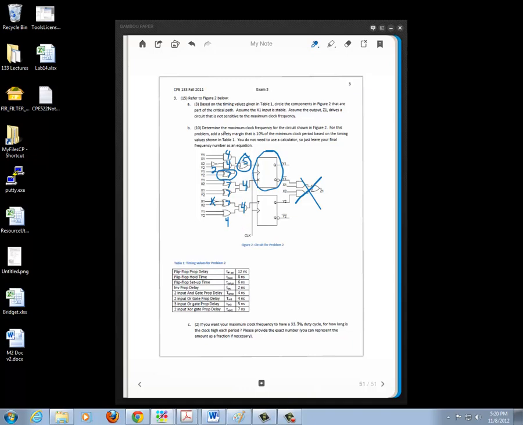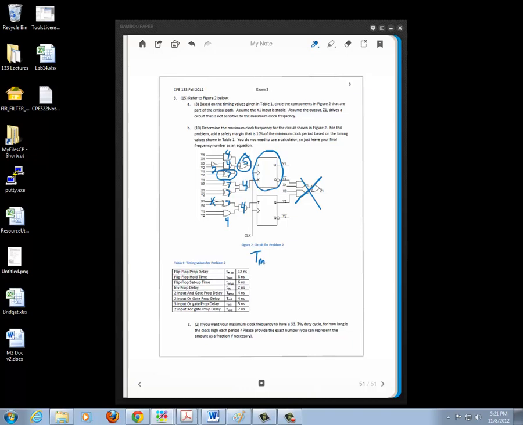Alright, so now that we know that, we're going to determine the maximum clock frequency for the circuit. For this problem, add a safety margin that is 10% of the minimum clock period based on the timing values. No need to use a calculator, just leave your final frequency number as an equation. So now we want to figure out what our Tmin is.